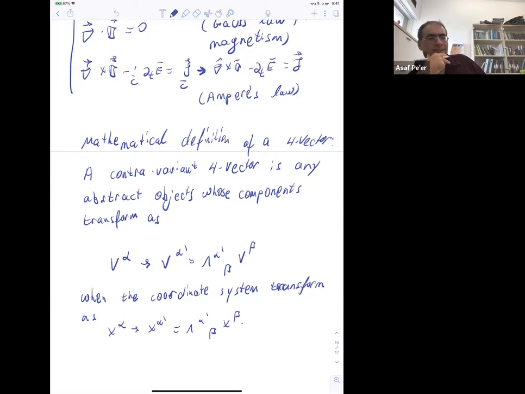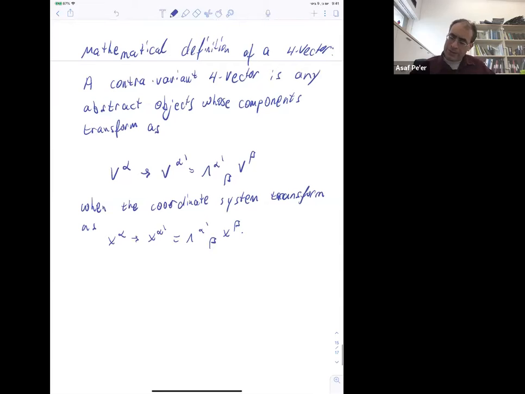So in that sense, we can think of a vector as a linear map between the 4 coordinates and R. Again, I'm not going to get into the details, but the coordinates would themselves form a covariant vector, a dual vector. So I write it down. It's a little bit abstract, but that's the exact mathematical definition.